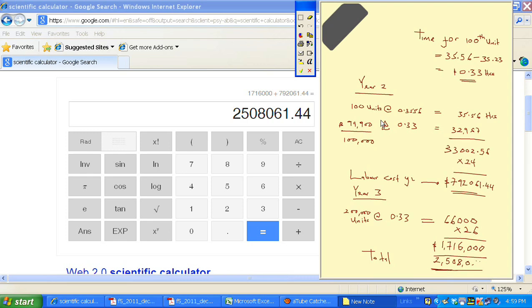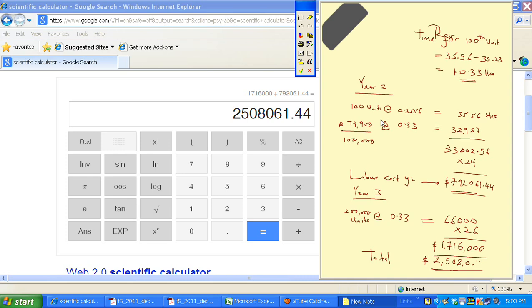So I've omitted the decimal places. So this is the total revised labor cost. But remember, we've been told to calculate the total revised life cycle cost.